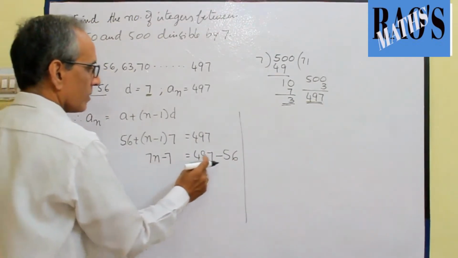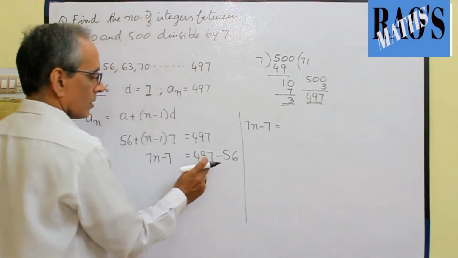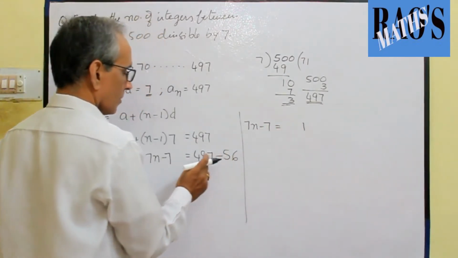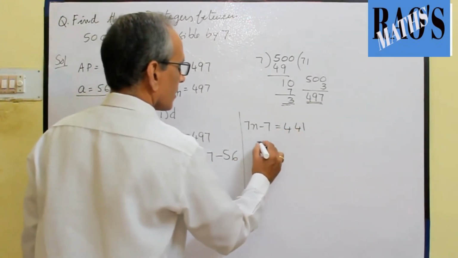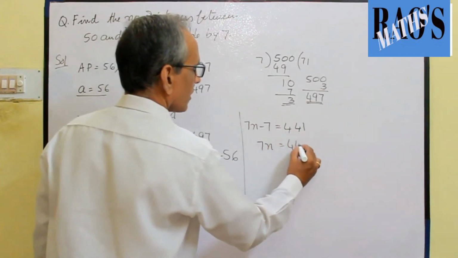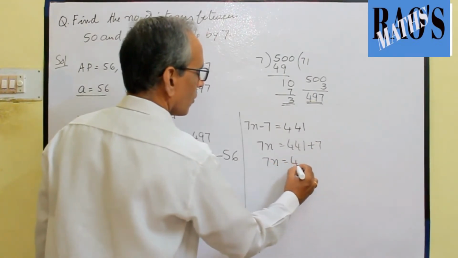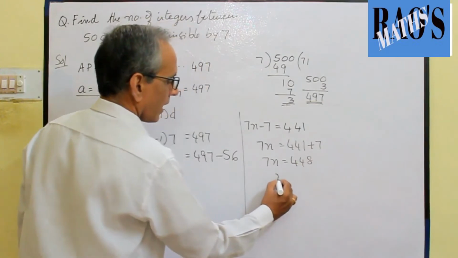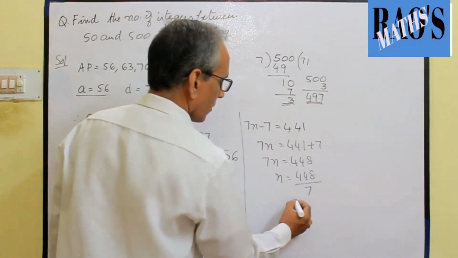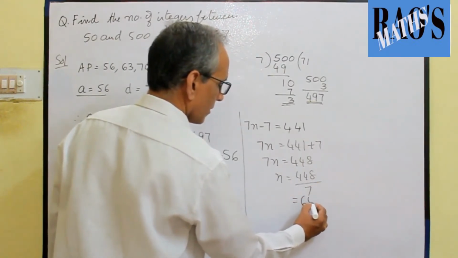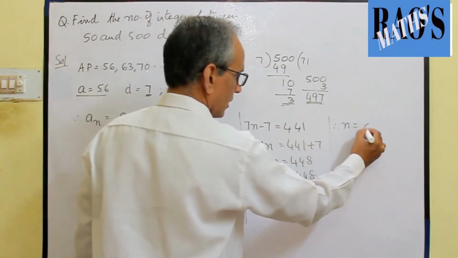So 7N plus 7 minus 7 is equal to 441. So 7N is equal to 441 plus 7, 7N is equal to 448, then N is equal to 448 by 7, which gives 64. Therefore, N is equal to 64.